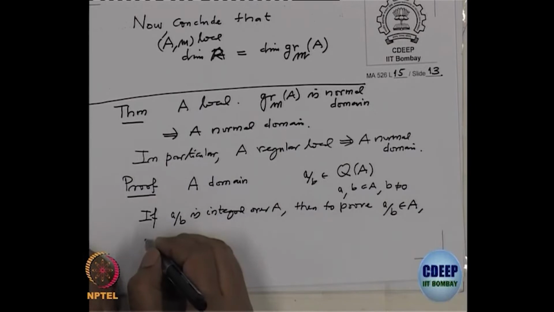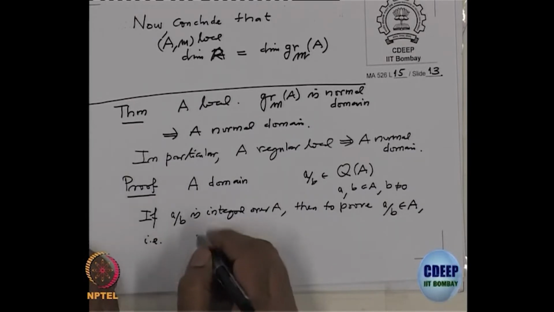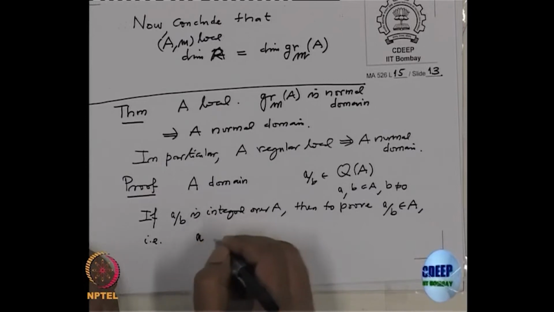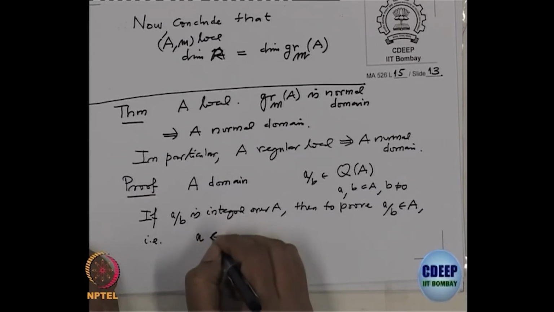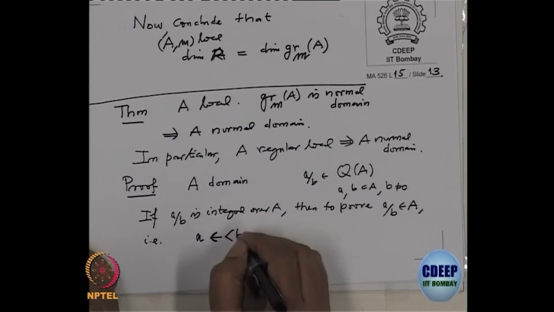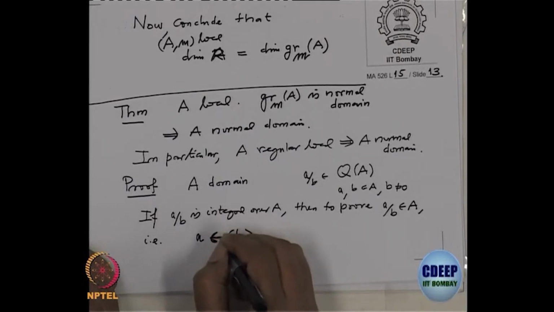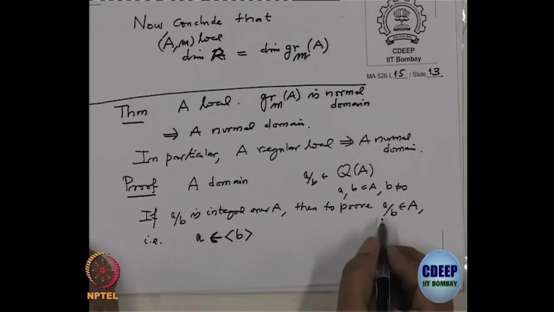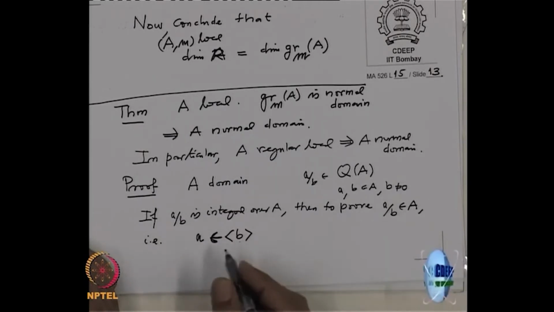That is, you want to prove that the element a belongs to the ideal generated by b, because then a is a multiple of b, and then you can cancel b. So, we want to prove this.